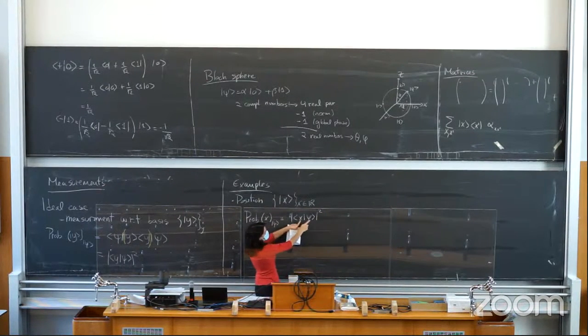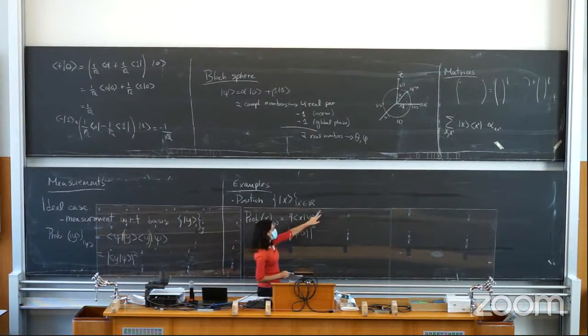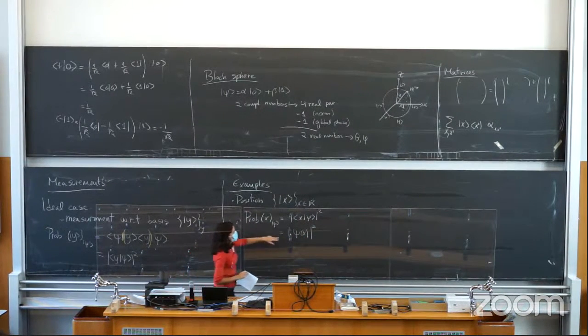But we already computed this, right? So if you go back in your notes or on YouTube a few minutes, what we saw just before the break was that this inner product was the wave function at position x, right? And now we just do the modulo square. So this is why the modulo of the wave function is such an important thing in quantum mechanics, because it really gives us the probability of getting a certain outcome.